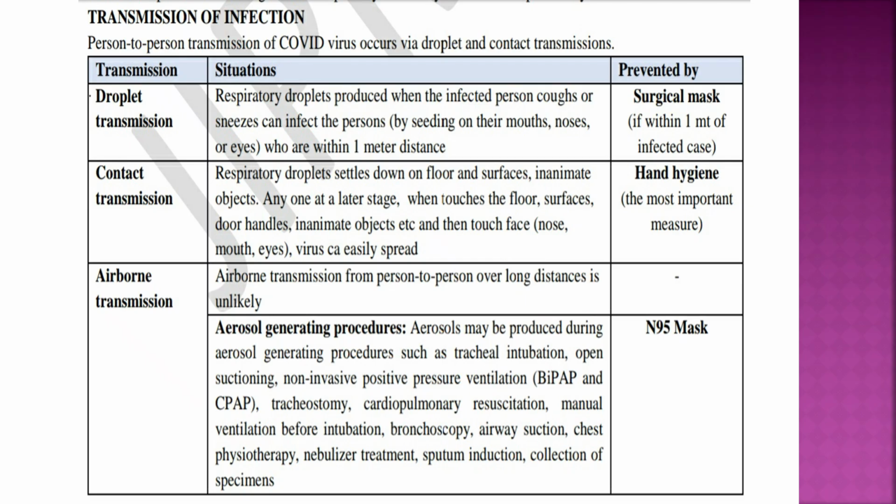Then third one is the airborne transmission. So airborne transmission from person to person over long distances is unlikely. But aerosol generating procedures, like tracheal intubation, open suctioning, non-invasive positive pressure ventilation, tracheostomy, cardiopulmonary resuscitation, manual ventilation before intubation, bronchoscopy, airway suction, chest physiotherapy, nebulizer treatment, sputum induction, collection of specimens, or in the laboratory when we are doing centrifugation, transferring samples from one place to another.